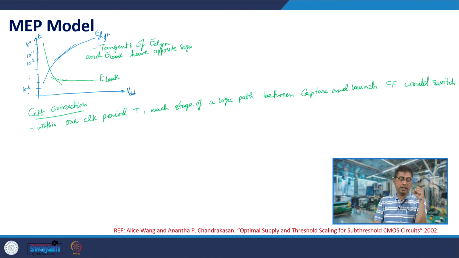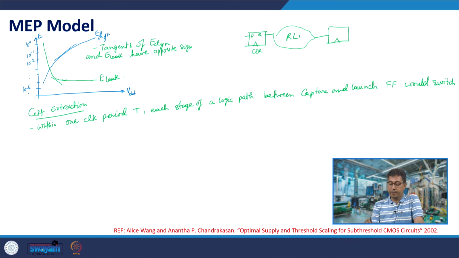So, you have a scenario of this kind. You have a flip flop, some random logic 1, another flip flop, random logic 2, like this.